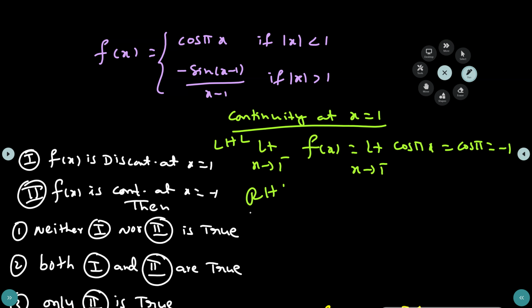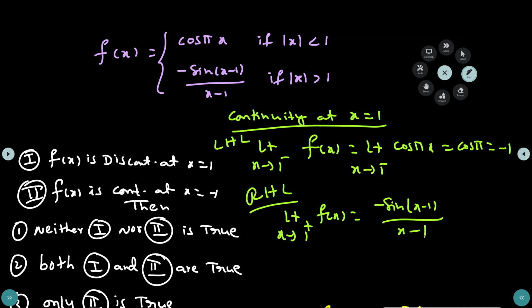Now move on to the RHL. Limit x tends to 1 plus, f of x, which in the second case is minus sin of x minus 1 by x minus 1. If x tends to 1, x minus 1 tends to 0. Therefore, sin of x minus 1 by x minus 1 gives 1, so we get minus 1. So here LHL is equal to RHL.